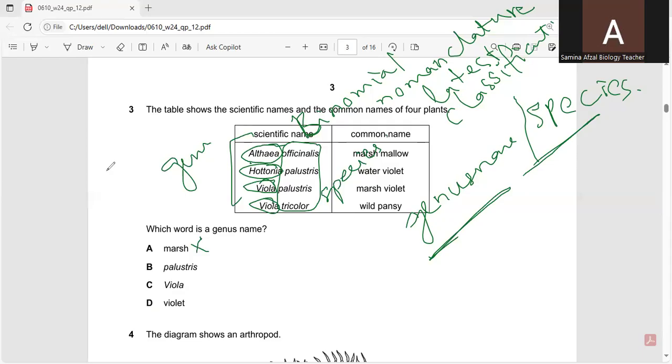Palustris is the species name. This is the species name, this is the common name, and this is the species name. Viola is the genus name. So this is the correct option. Violet is a color, so this is totally wrong, not matching with the other options.